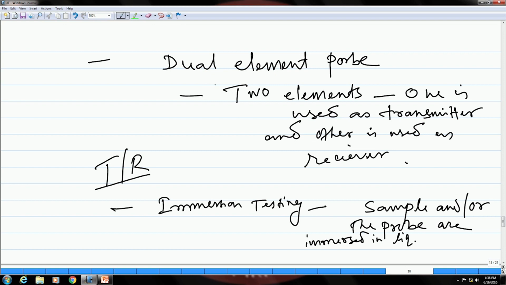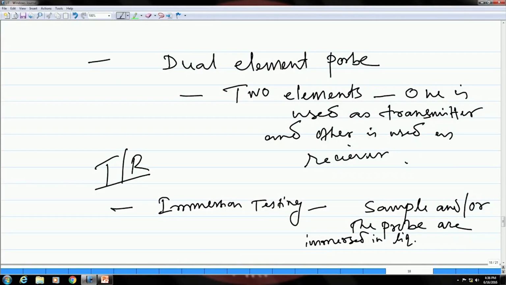The other two methods by which this dead zone can be taken care of: one is using a dual element probe, which has two elements. One element is used as the transmitter and the other one is used as the receiver. Since the second element is only used as a receiver, you do not have any dead zone problem in this case.